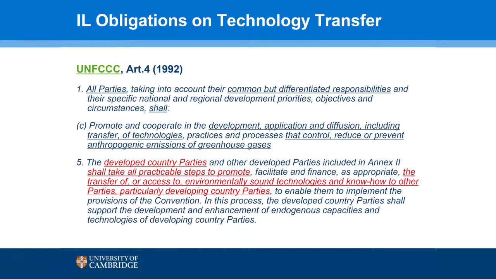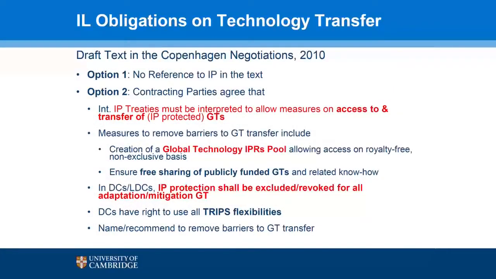This has ever since been a contested issue in the international negotiations. You see on the next slide various examples which had been proposed in 2010 in Copenhagen. Similar examples were initially part of the Paris negotiations at the end of 2015. In the end, none of these examples so far have made it into an existing treaty.